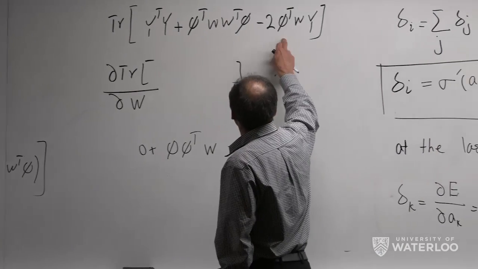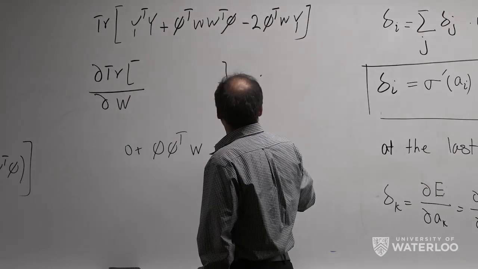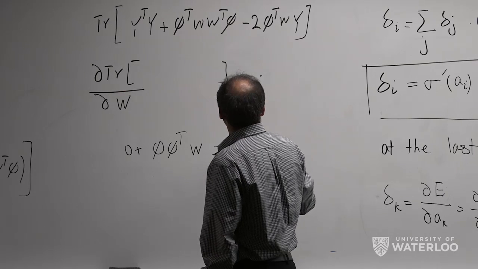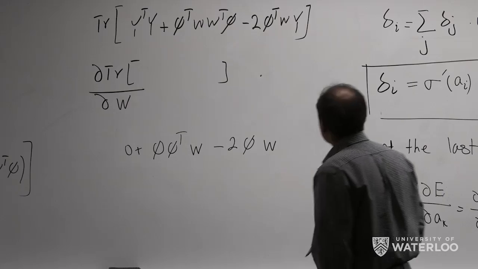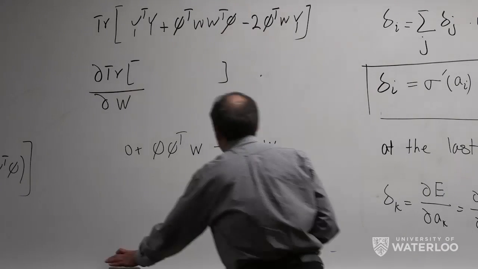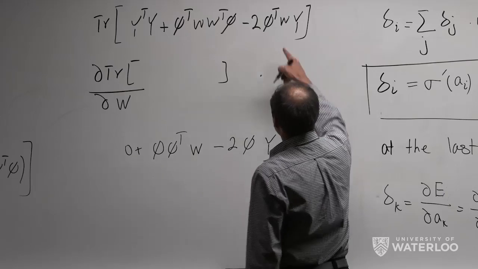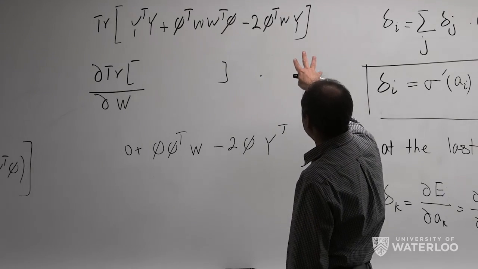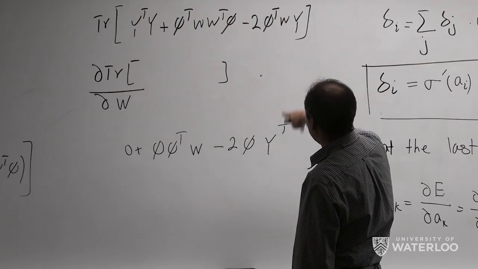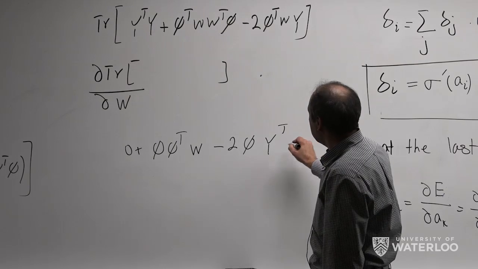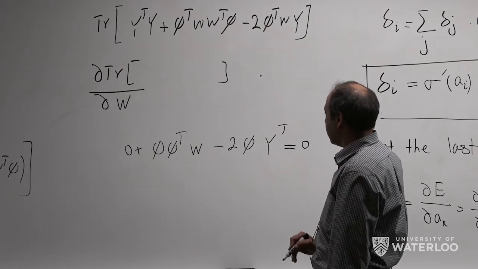So this is linear. So the derivative would be phi y transpose. Derivative with respect to W would be phi y transpose or y transpose phi, I think it's phi y transpose. So this derivative, you need to set it to 0.